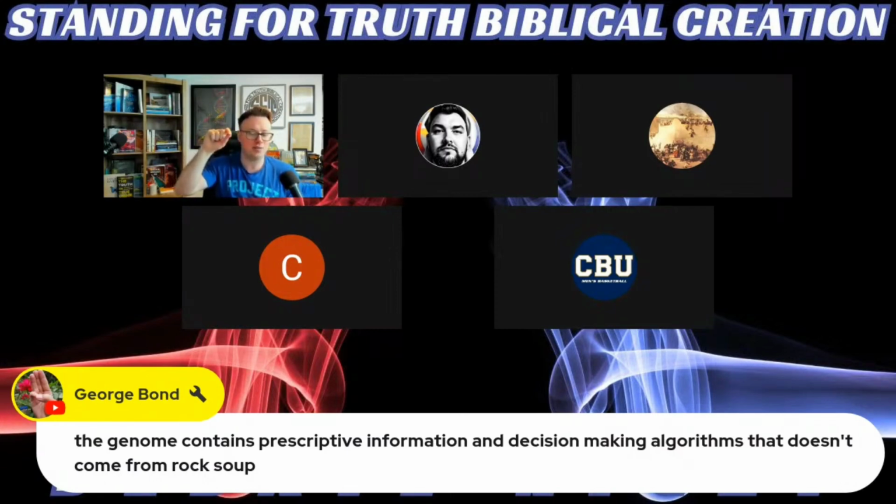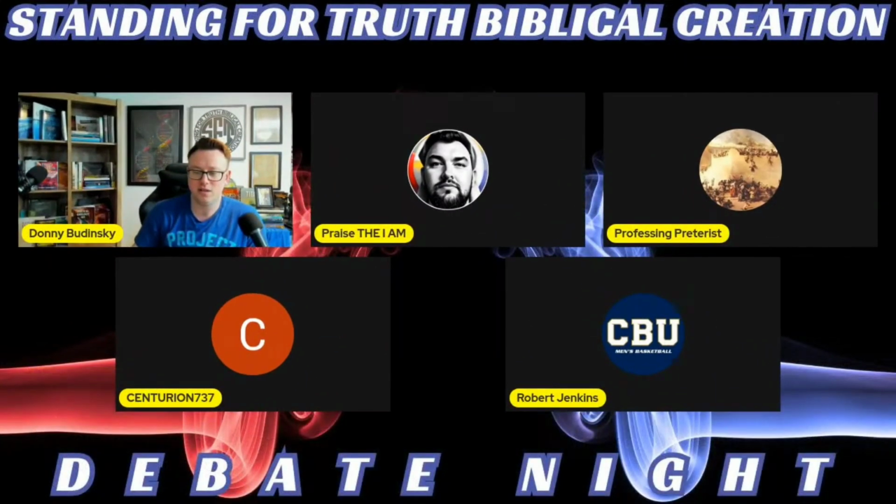A nucleotide's hit with a mutation. That's not just going to mess up one message. It's going to mess up all of them. So that's why it's polyfunctional yet polyconstrained. And so the genome actually degenerates a lot more rapidly than evolutionists would want to admit.